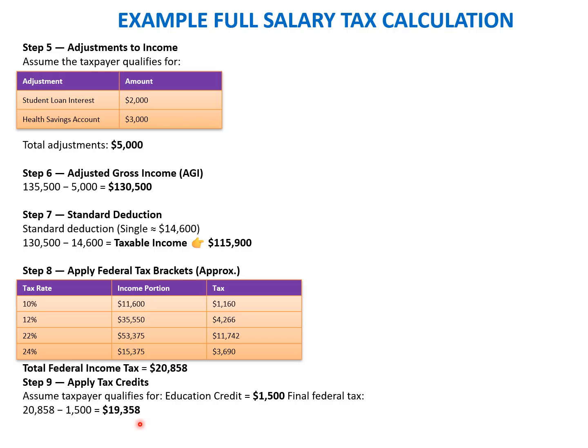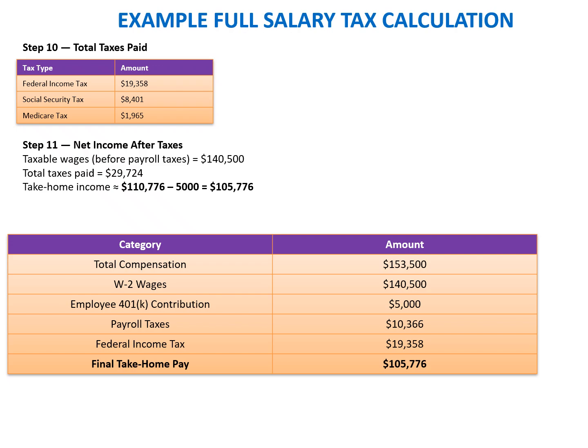Which means that total tax payable is 19,358 plus the two taxes, the Social Security tax and the Medicare tax, which would be deducted to arrive at the final take-home salary. So the total tax to be paid by the employee would be federal income tax of 19,358, Social Security tax of 8,401, and then Medicare tax of 1,965.